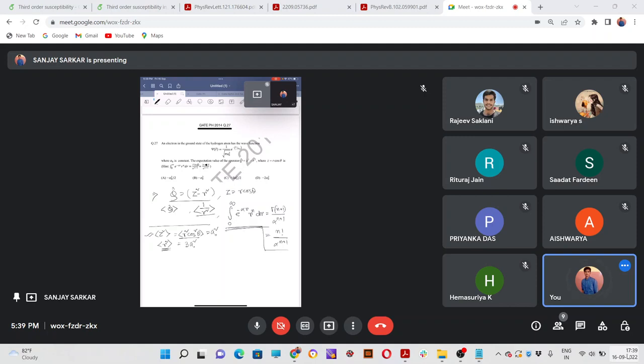So first let's calculate the expectation value of z square, that is r square cos square theta.